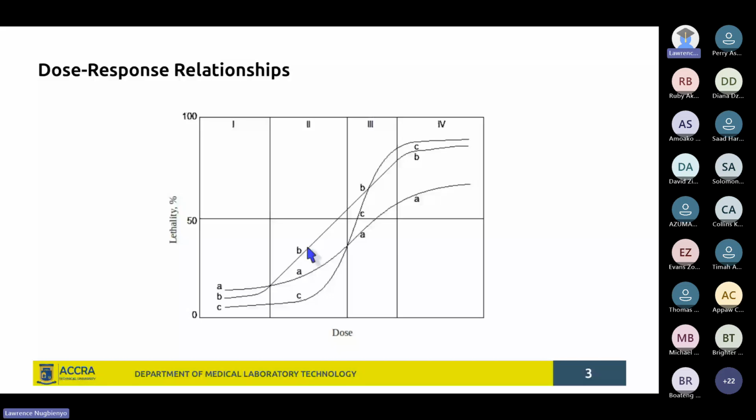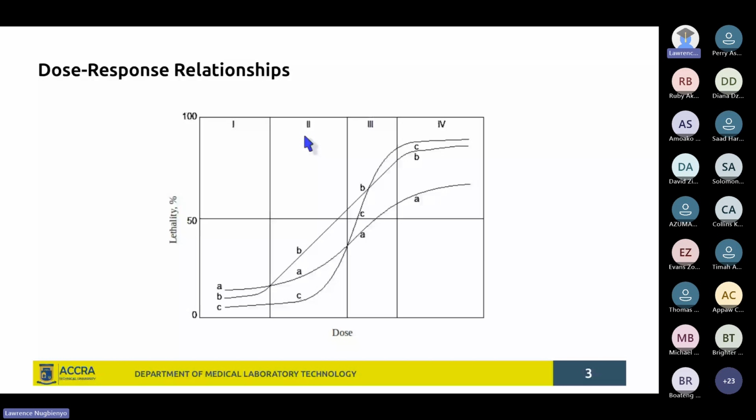But an interesting thing that you should pay attention to is that the dose regimes, the dosage regimes, are divided into, say, four different zones: zone 1, zone 2, zone 3, and zone 4.